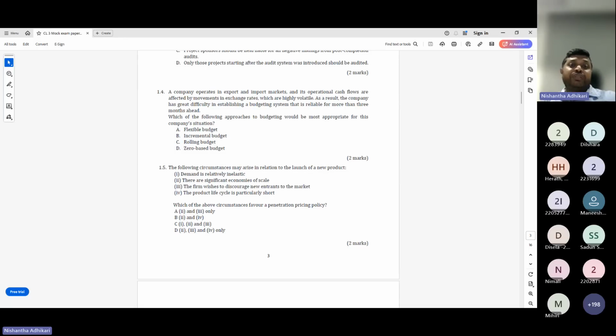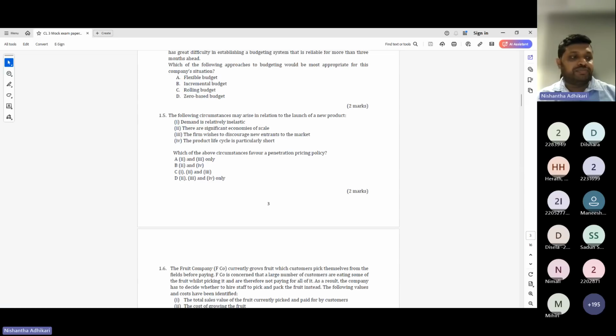Therefore, the answer should be the rolling budget, because it is useful when the external environment is highly volatile. In a volatile environment, you prepare a rolling budget, not flexible, incremental, or zero budget. Answer should be C, rolling budget. Then 1.5.